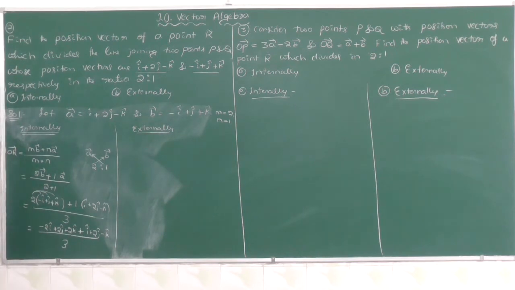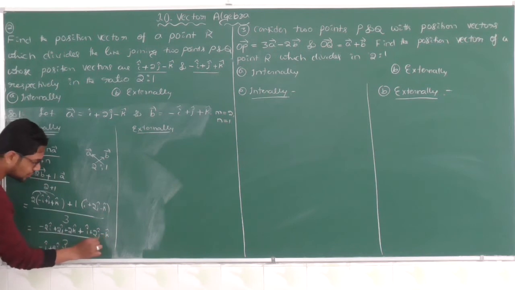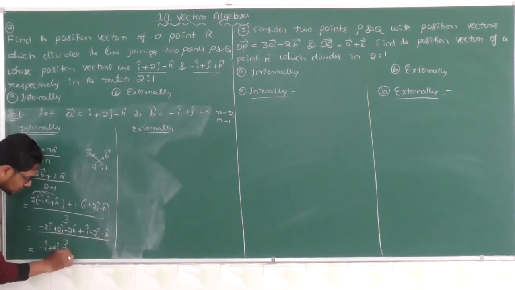Next, that equals minus 2i plus i, which is minus i. Next, plus 2j plus 2j is plus 4j. Next, 2k minus k is plus k, divided by 3.